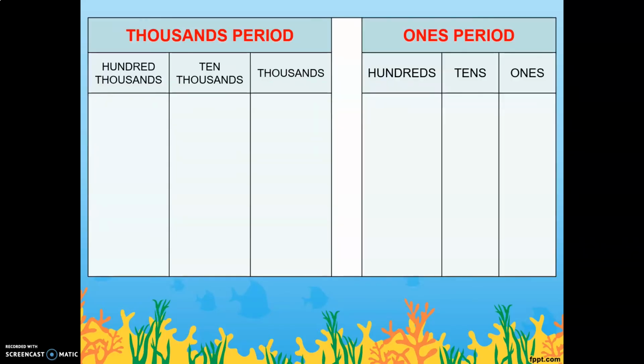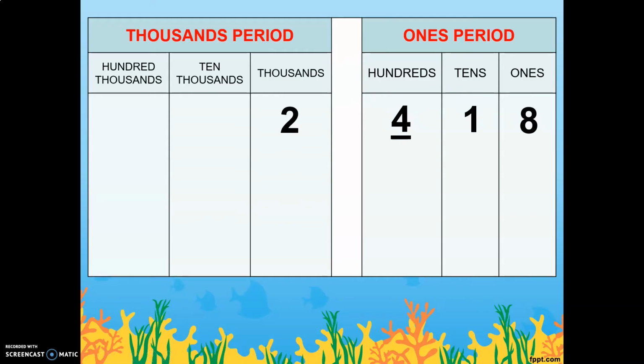Remember, in a place value chart, we start from right to left. So we put 8 in the ones place, 1 in the tens place, 4 in the hundreds place, and 2 in the thousands place. The underlined digit in 2,418 is 4, and it is in the hundreds place.